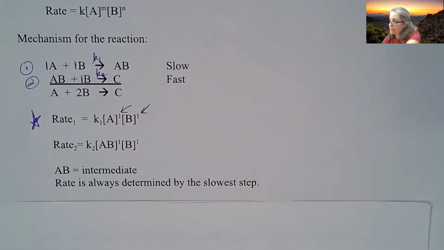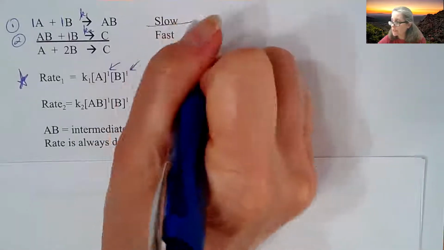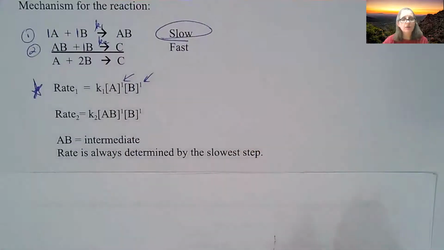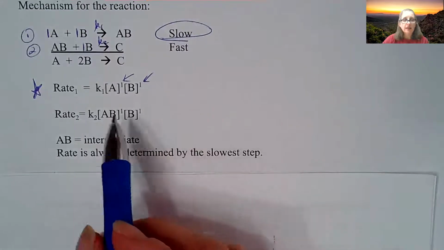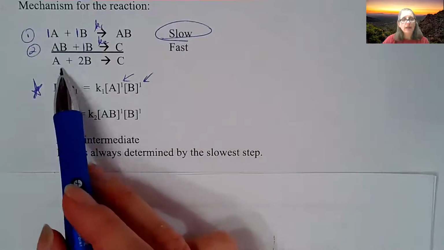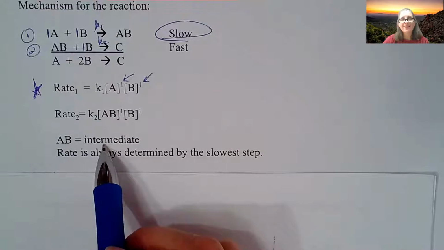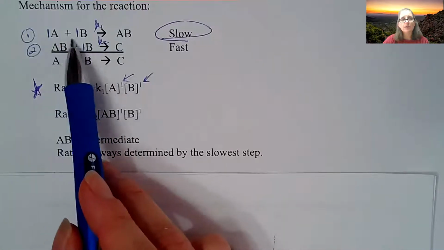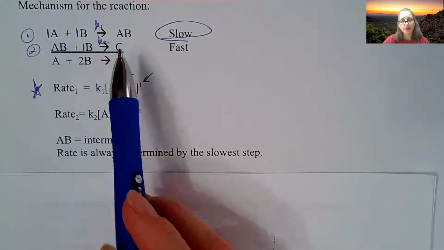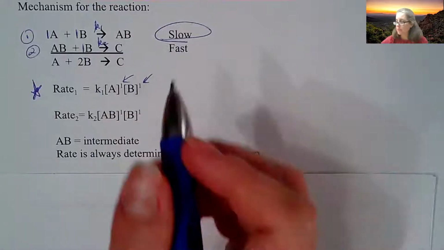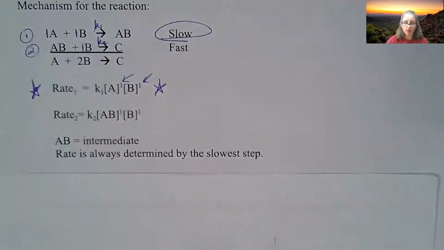That is why we will determine that the first step is my rate law. First off, it is the slowest step, and the slowest step is always going to determine how quickly something gets done. Secondly, in the second rate, in the second equation, you have AB, which is something called an intermediate, meaning it's not one of the reactants and it's not a product. That's why the first one has to be the rate law for this equation.